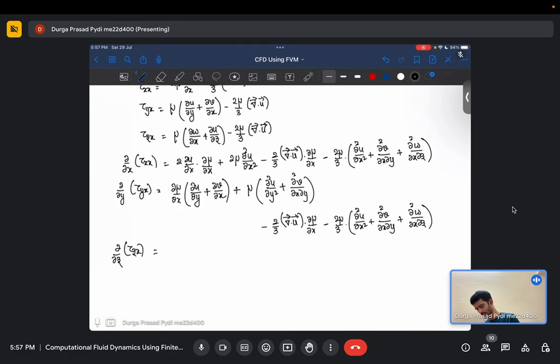This should also be similar. So you have the first term with respect to the derivative of mu. So I hope you got the hang of it.